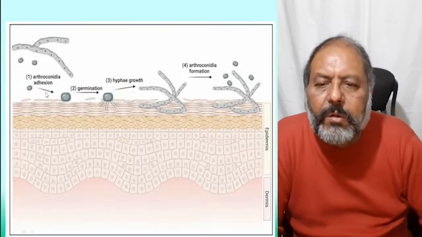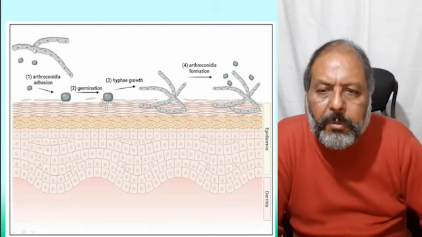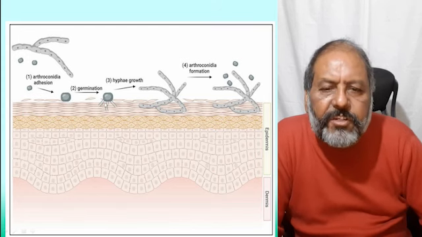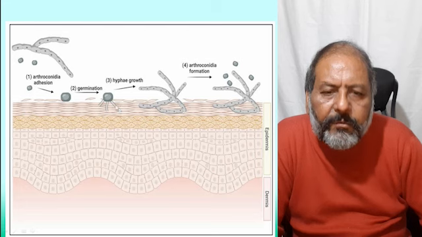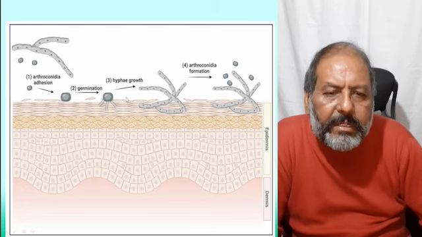Now, here one can see the arthroconidia of the fungal spores. These have adhesion with the skin layers, and that causes germination, and this germination leads to the formation of hyphae from the arthroconidia.